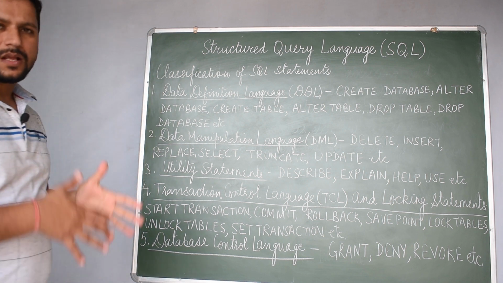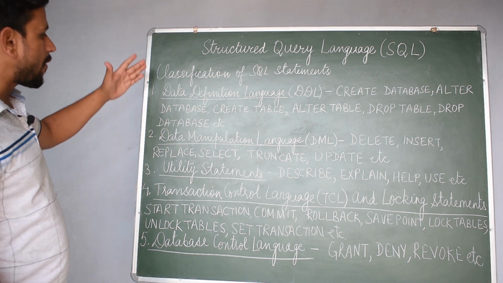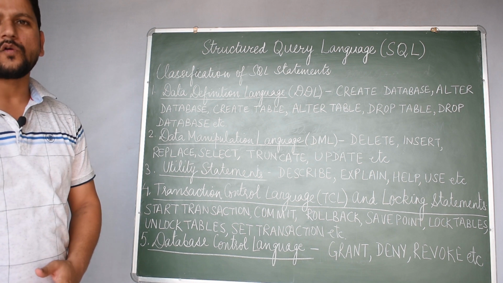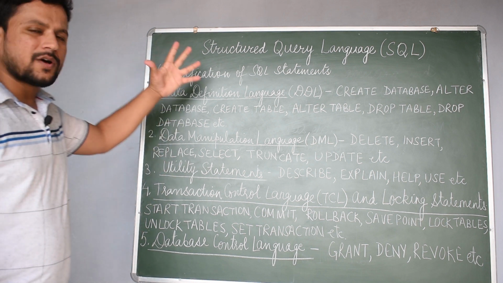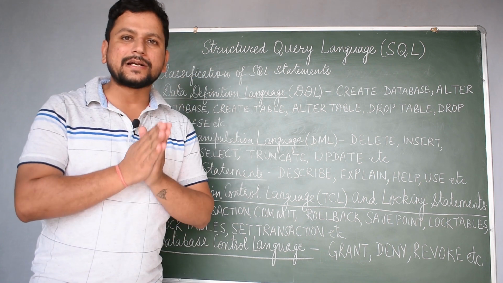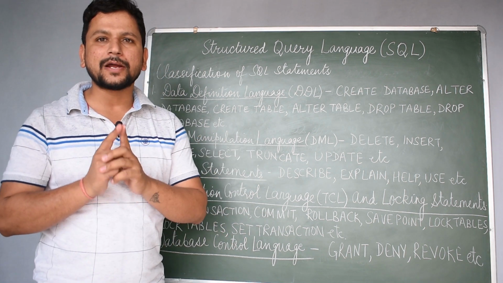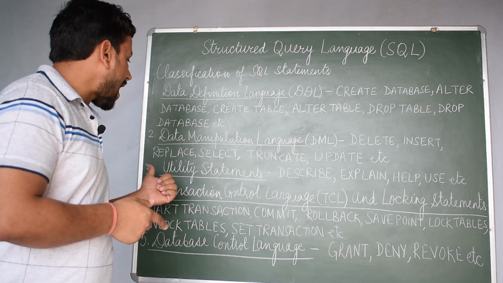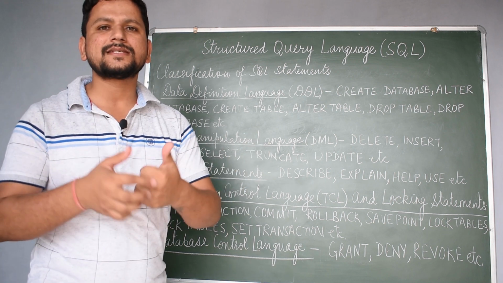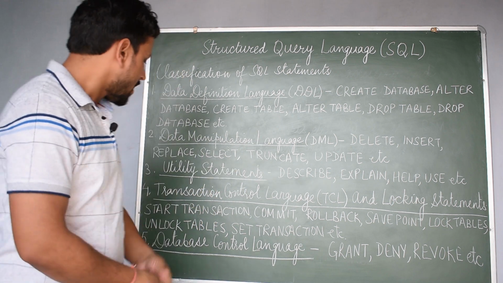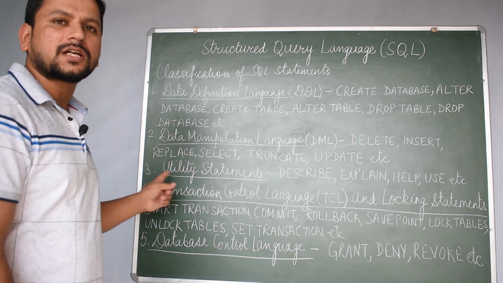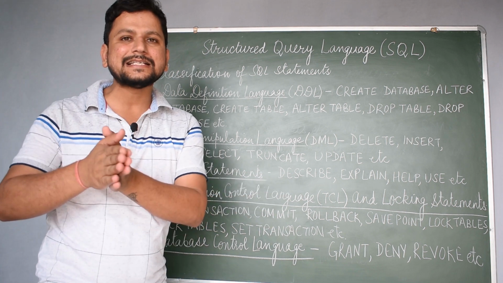So basically, according to the classification, we have 5 different categories of SQL statements. First one, that is DDL, that stands for data definition language. Second one, we have DML, that is data manipulation language. Third one, we have utility commands, or we can say utility statements. Fourth one, we have transaction control language, that is TCL.